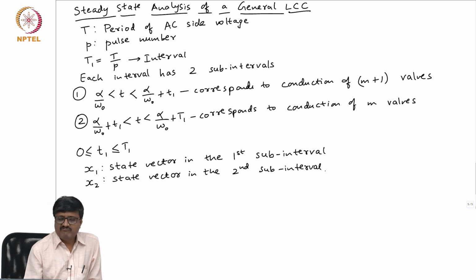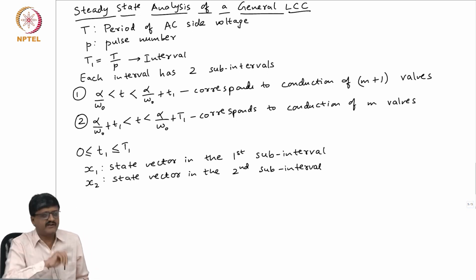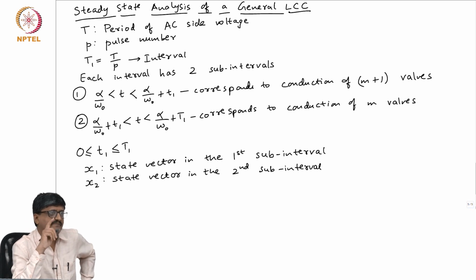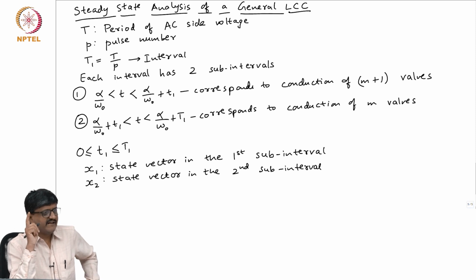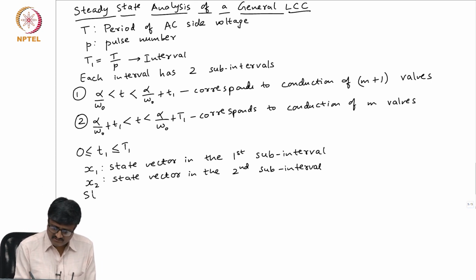Now, that means the state variables in the second subinterval are also state variables of the first subinterval, but one of the first subinterval state variables is not a state variable of the second subinterval, because there is one valve current which goes to 0. So, there is one valve current in x1 which is not appearing in x2. Okay. So, we will say that state variables in x2 are also state variables in x1.